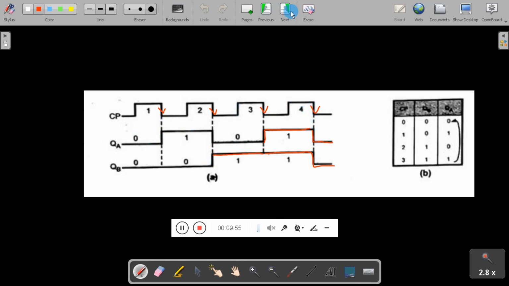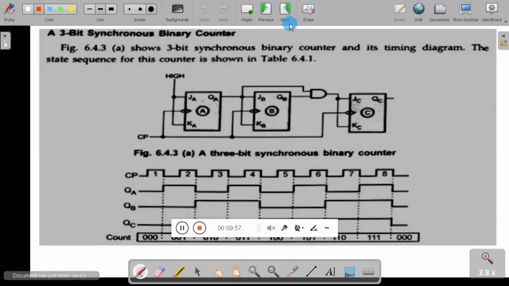Now the next one is a 3-bit synchronous up counter. As I said, 3-bit means 3 flip-flops are used. Let me write the truth table here. This is QA, QB and QC. Students, please make a note here.